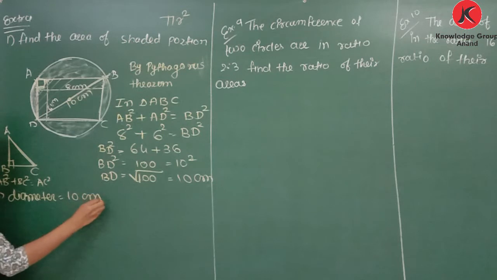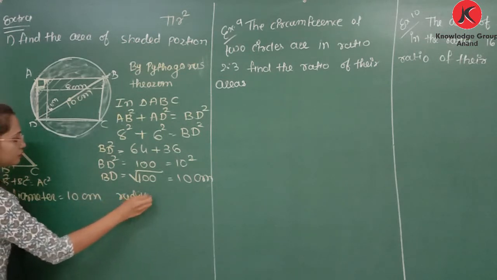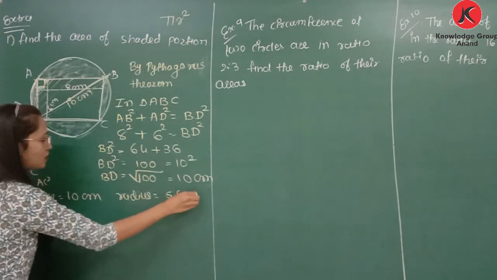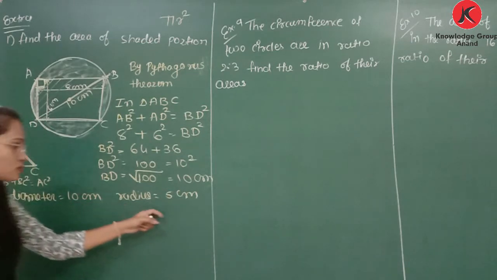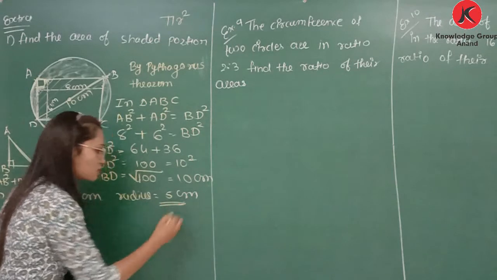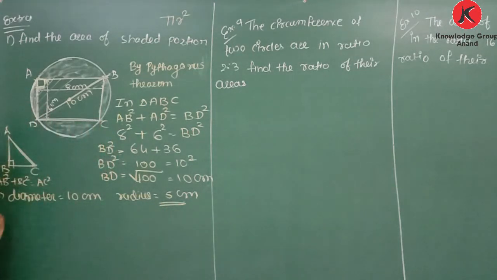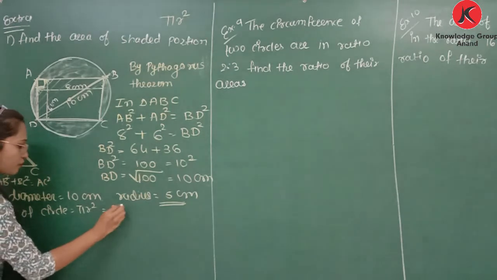So the radius will be what? 5 centimeter. Divide the diameter by 2, so it is 5 centimeter. Now we have a radius of 5 centimeter, so we can find the area of the circle. That is pi r square. Pi is 3.14.